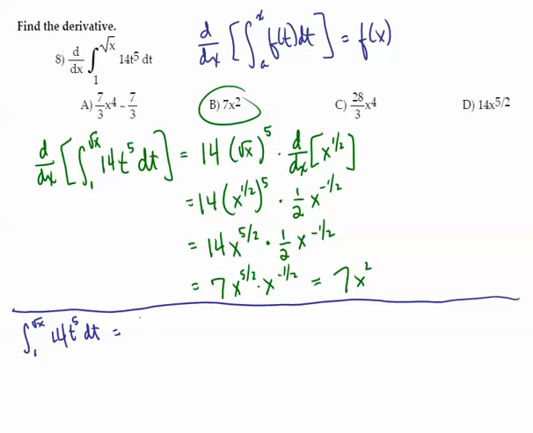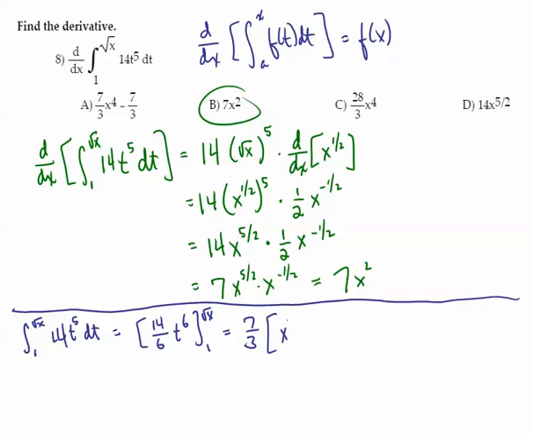So that would be 14 over 6 t to the 6th from 1 to the square root of x. And so 14 over 6, top and bottom can be divided by 2. We'll get 7 over 3. Then we're going to evaluate t to the 6th at the upper limit.